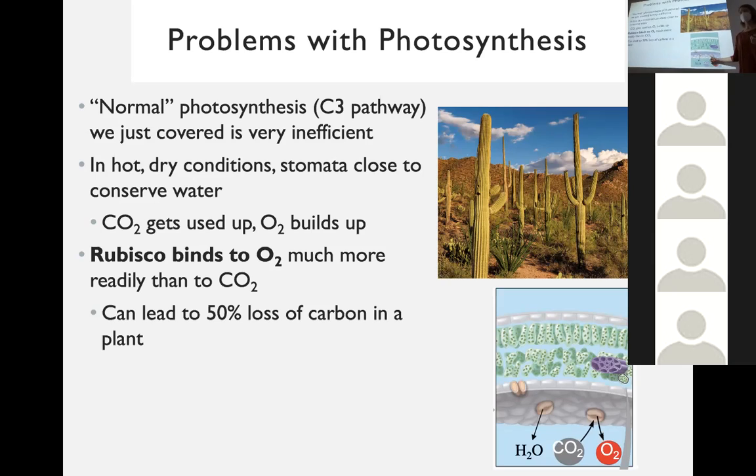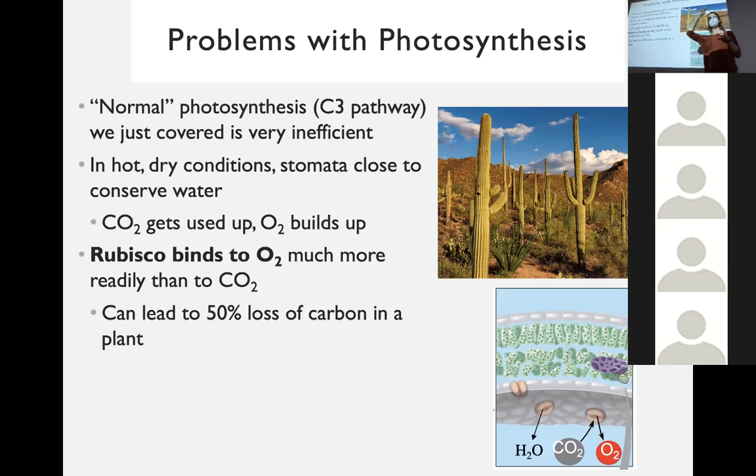Okay, so stomata are like pores? Mhm, pores on the leaf, yeah. So the stomata in really hot, dry conditions, think the desert, are going to close if it's too hot, because otherwise too much water will be lost. That means there's no CO2 coming in, which makes it difficult for the Calvin cycle to work, right? If there's not enough CO2 coming in to start that whole process, oxygen builds up, and rubisco, that really important enzyme, the only enzyme I've really asked you to know, binds to O2 instead of CO2.